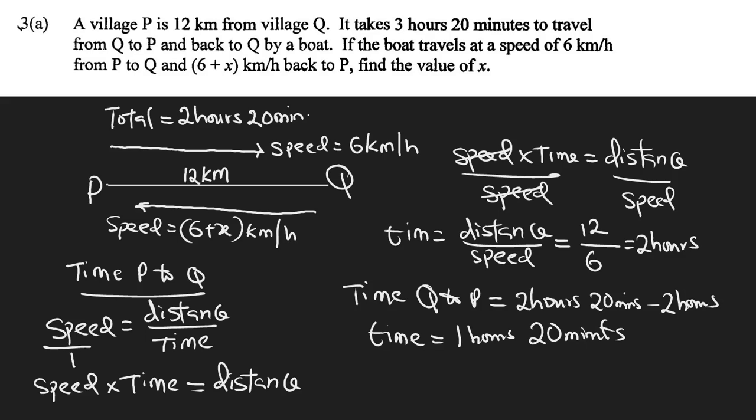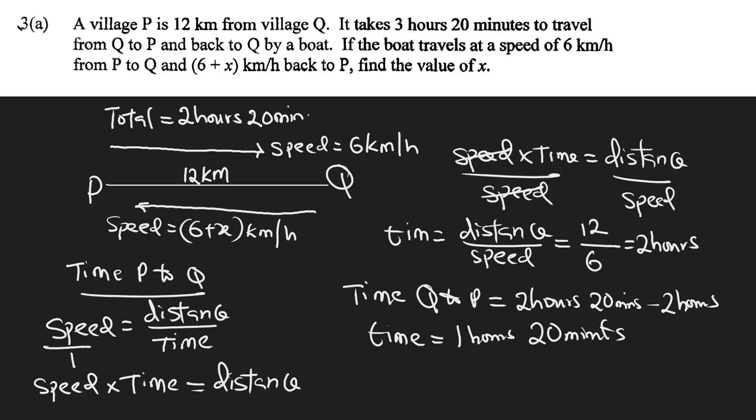For this one now, it will be better if we convert this time into minutes. What I'm going to do is that we're going to divide the total time by 60, so that we can have a number that is solid on its own.